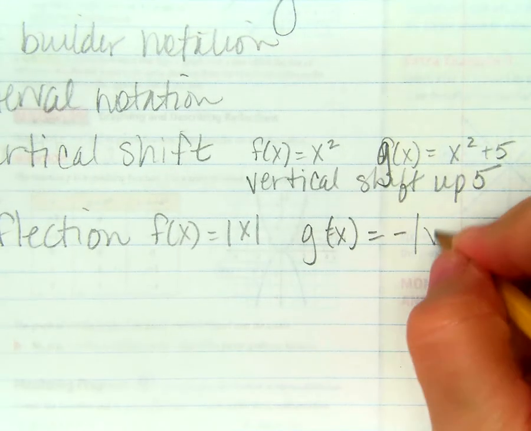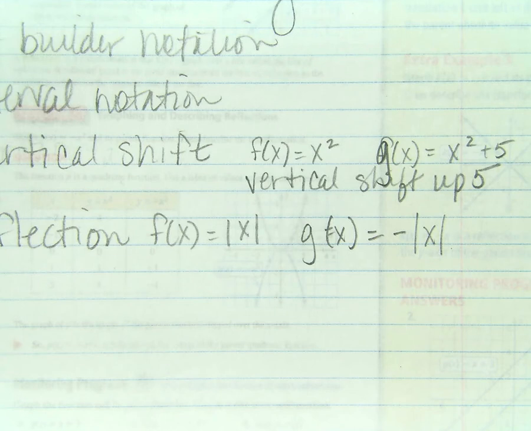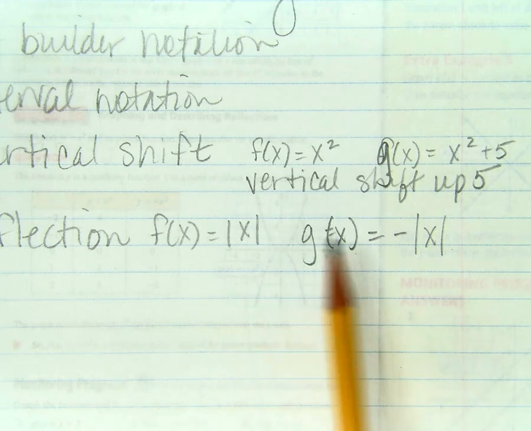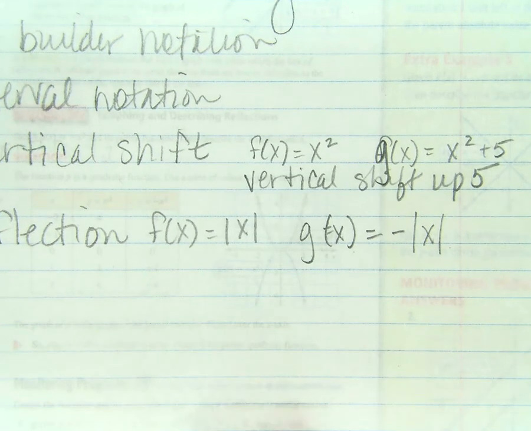Negative and then the absolute value of x. Does that make sense? Yes or no? Okay. So if I said to you, compare g of x to its parent, which is f of x, what would you write?